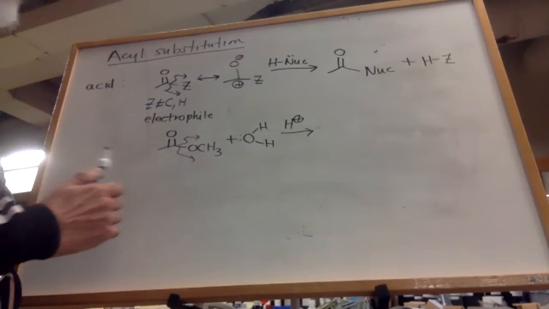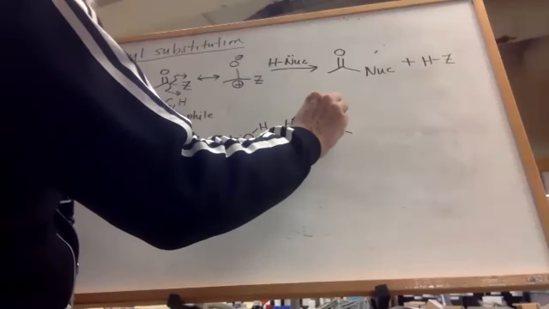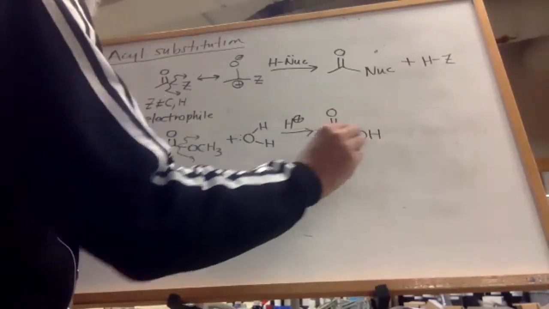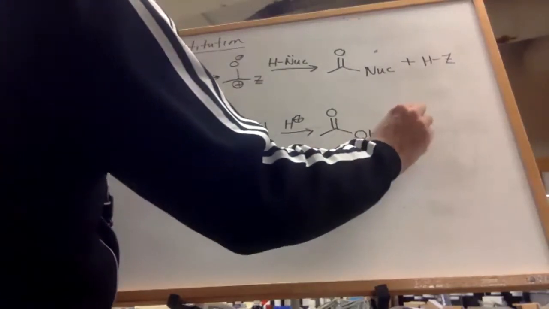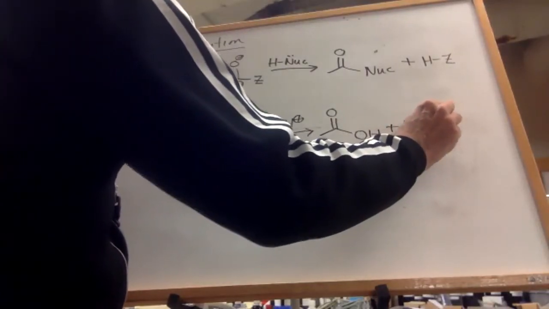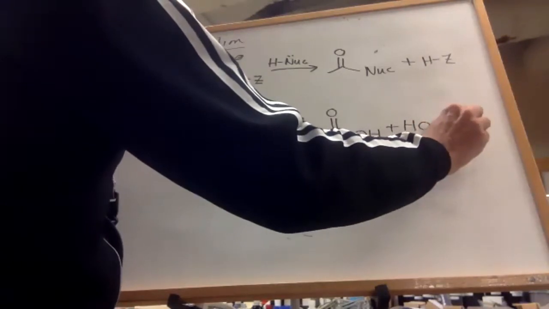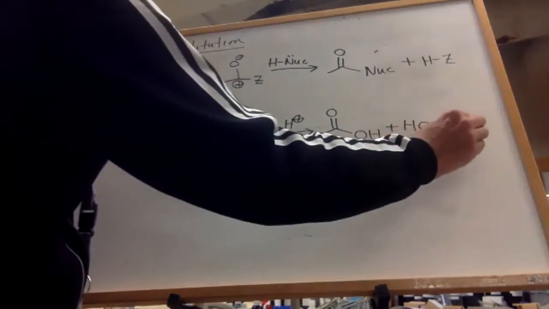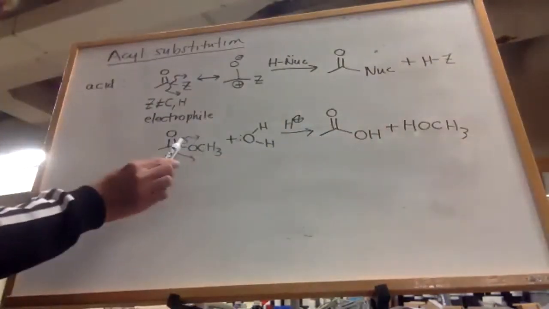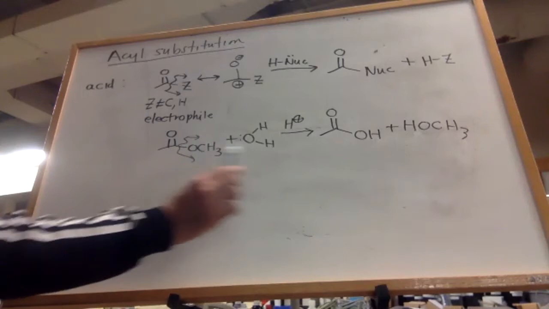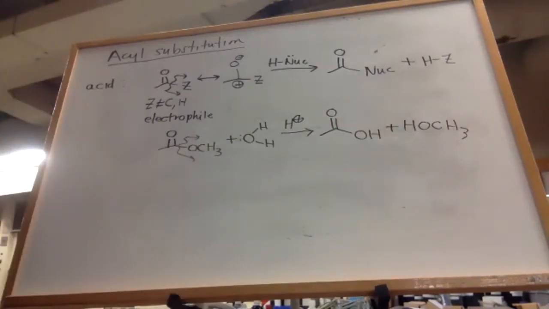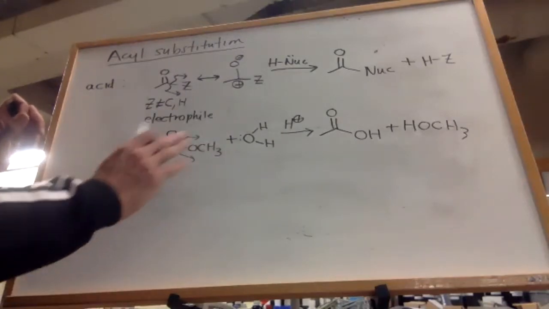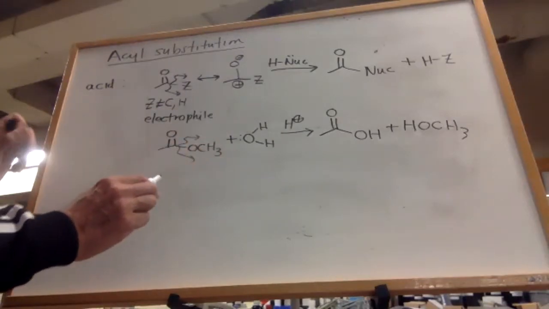Its place is taken by the nucleophile minus the proton that the nucleophile rode into town with. So the products of this reaction would be a carboxylic acid plus the remnant of this leaving group plus an extra proton. Okay, so that's an example of acyl substitution under acidic conditions.